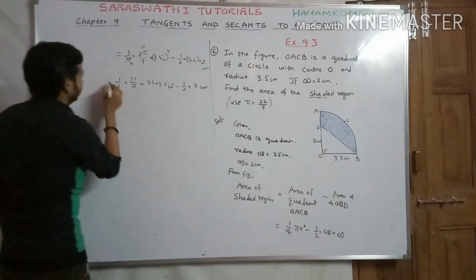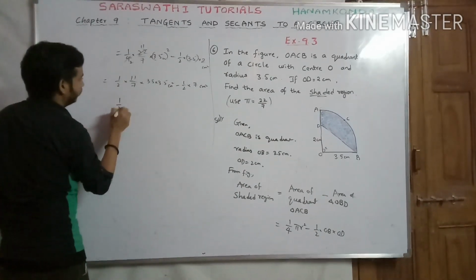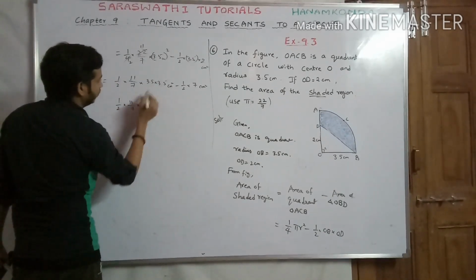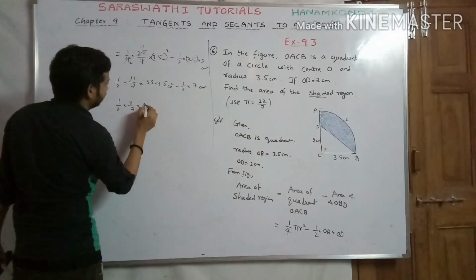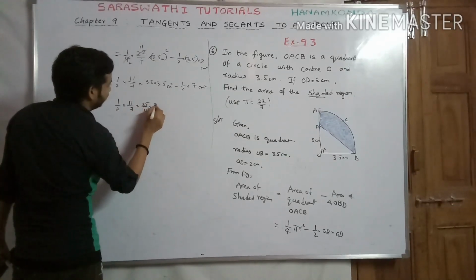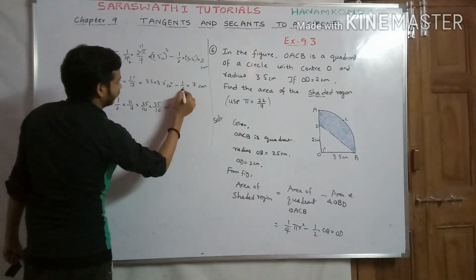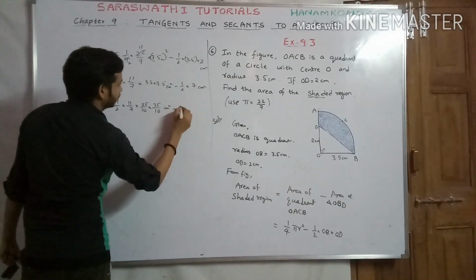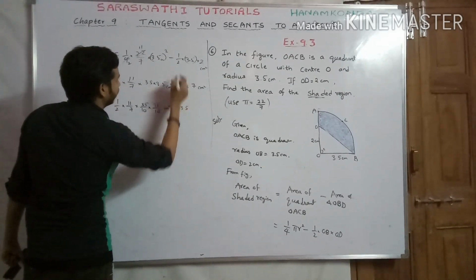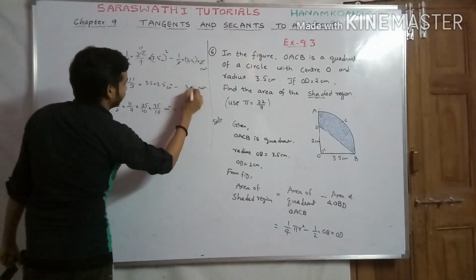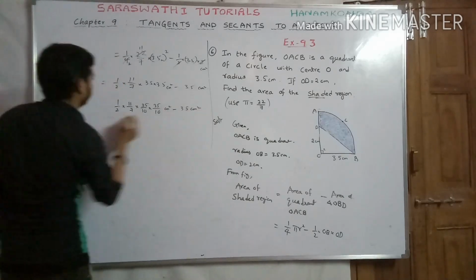We can write 3.5 as 35/10 into 35/10 centimeter square, minus 1/2 into 7, where the 2 gets cancelled, leaving 3.5 centimeter square.